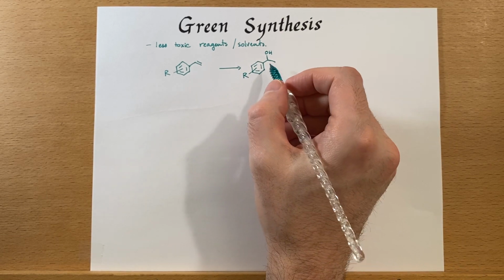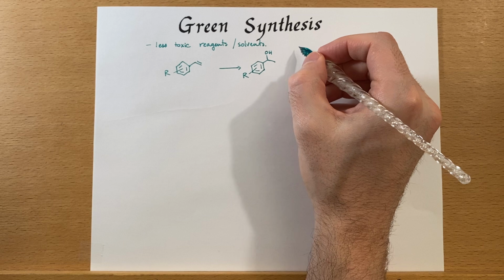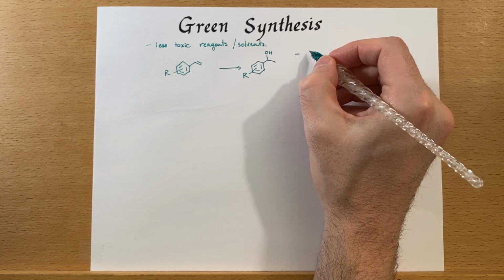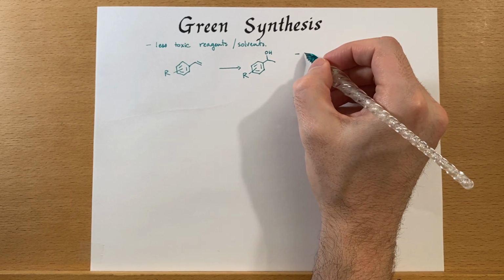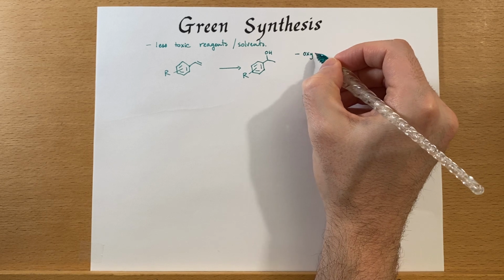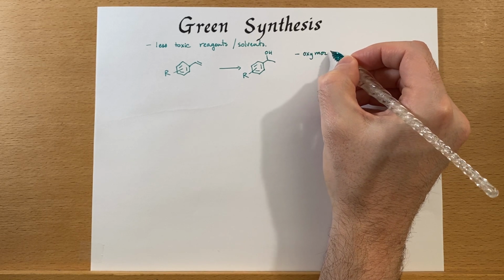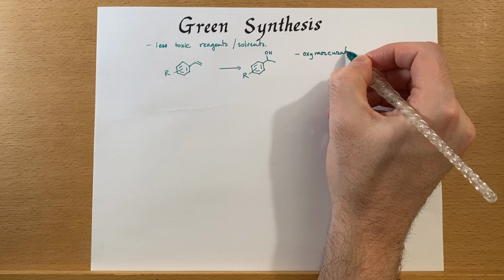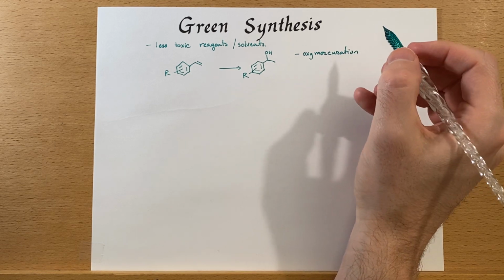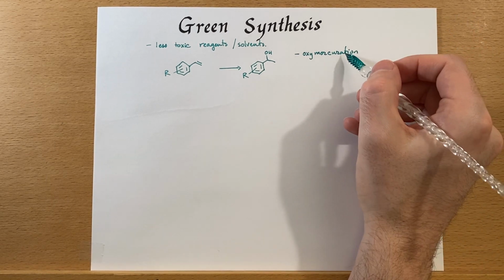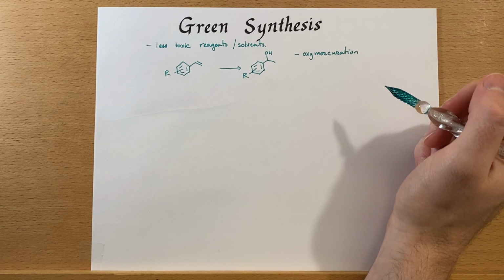Then there's a couple of ways that we could do this. We could use oxymercuration-demercuration, but that is going to involve using a mercury reagent.